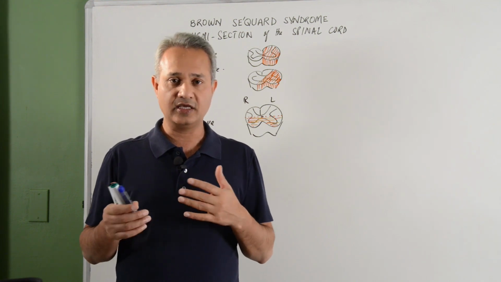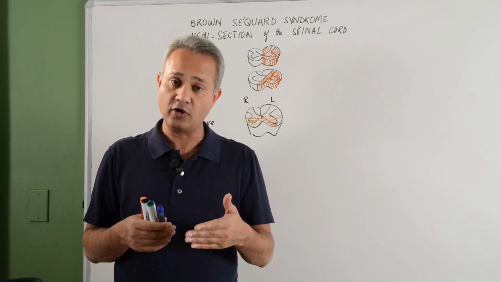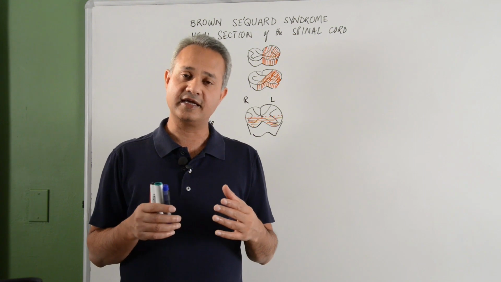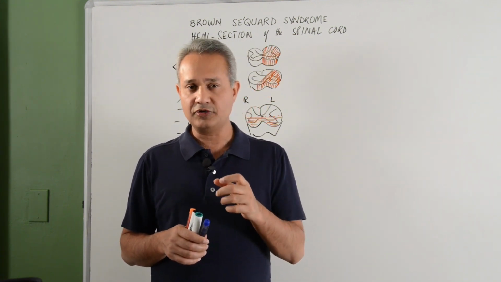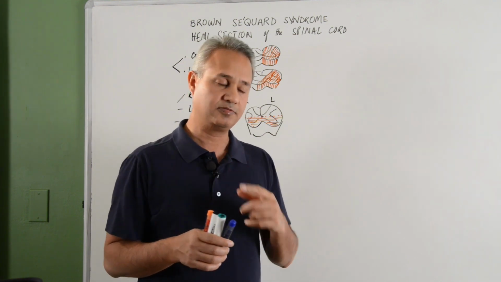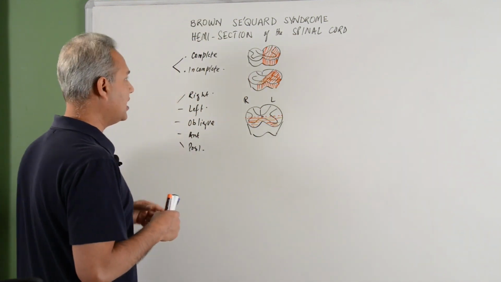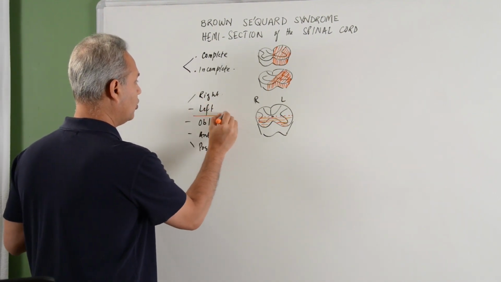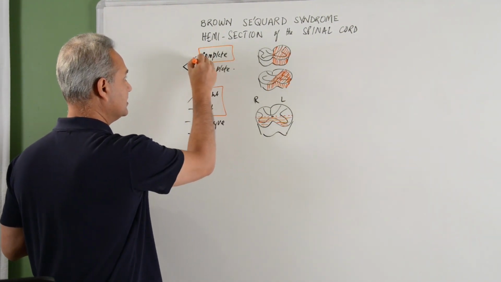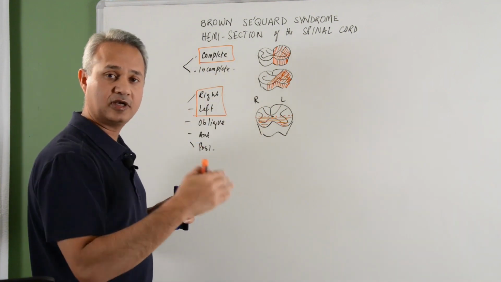It is okay in the testing, so they can understand what you know about it, but in the clinical scenario that is not the case. So if that is not the case, how do you as a doctor practice this thing? So please remember this. Why do they want to ask you right or left, complete? This is what they would ask, right complete or left complete.